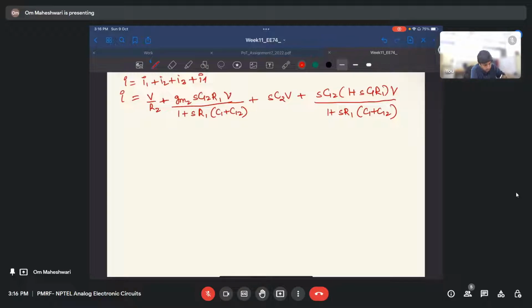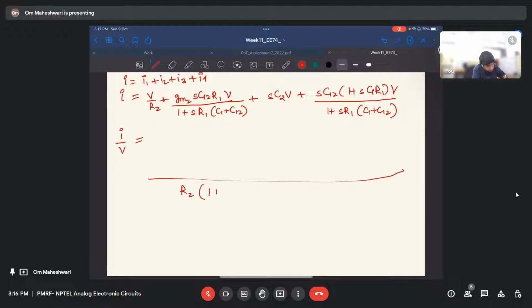So let's do I by V. For I by V, what will I do? I will just take the LCM of the whole, right? So what will the LCM be? Let me write it: R2 times this quantity, R2 into 1 plus SR1 C1 plus C12, is the LCM.